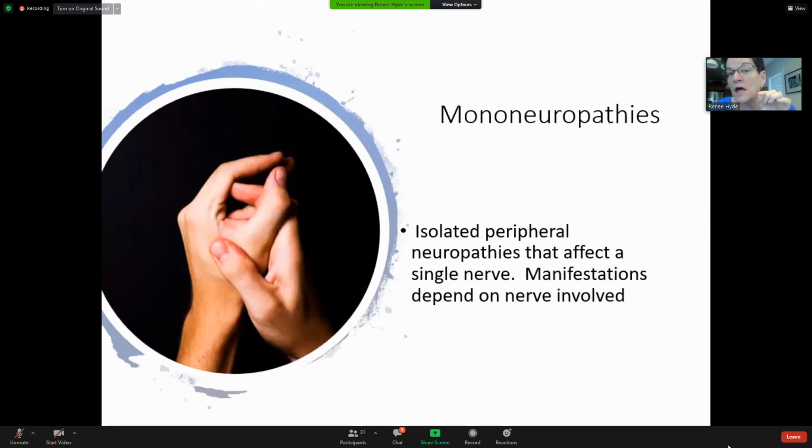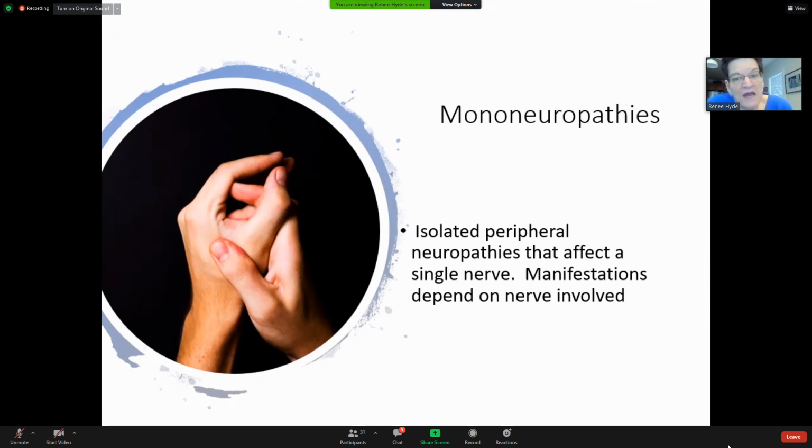Now, mononeuropathies are isolated peripheral nerves that have damage. Probably the one that we think about most commonly is patients with carpal tunnel, okay, where they have a compression of the nerve that runs through the carpal bones.